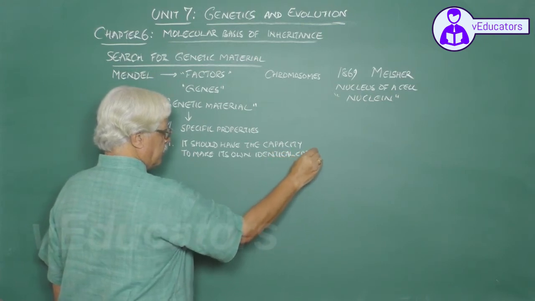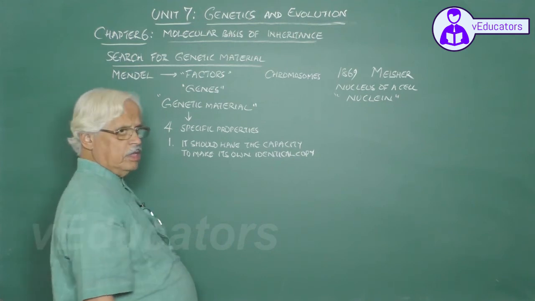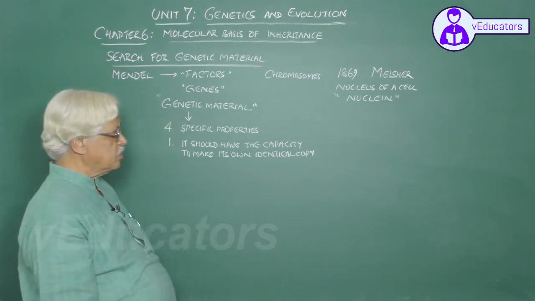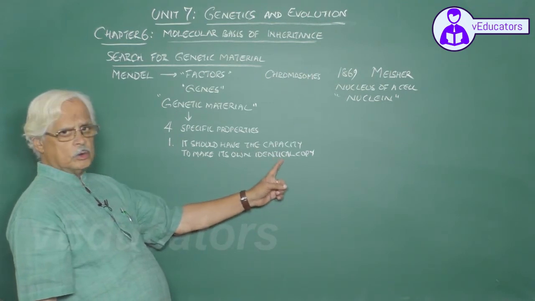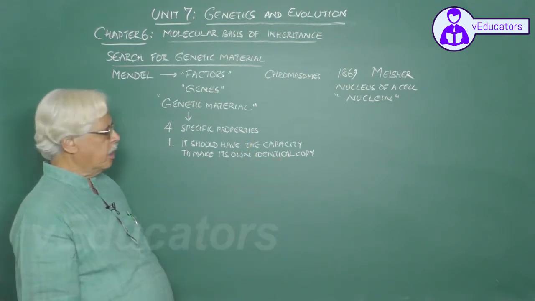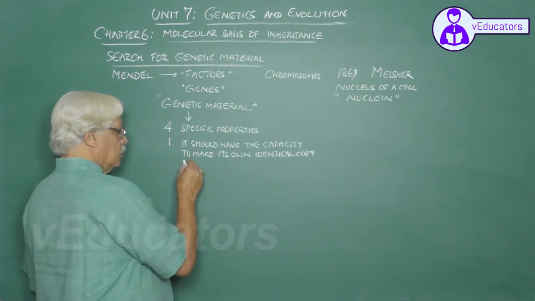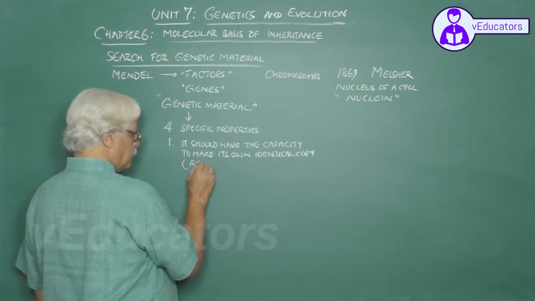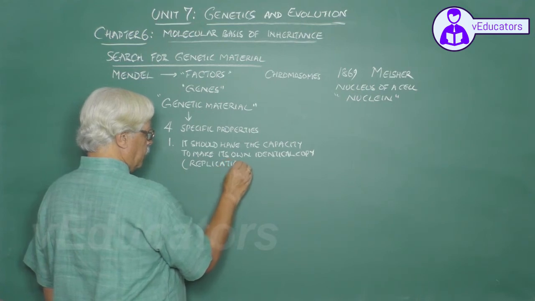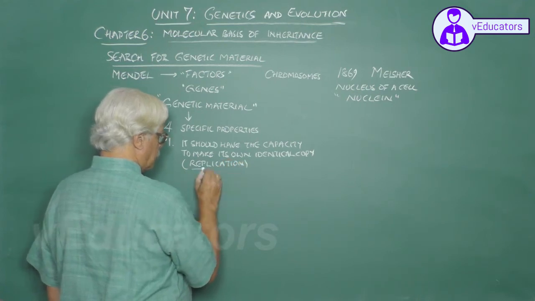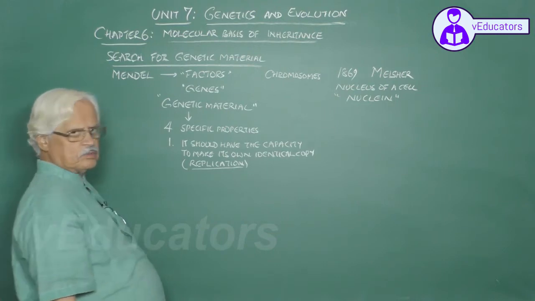If the same character is to be expressed in the next generation offspring, that genetic material should be able to make its own identical copy. This property is what we call today replication.